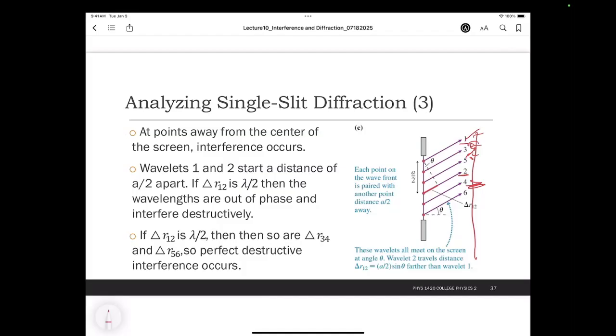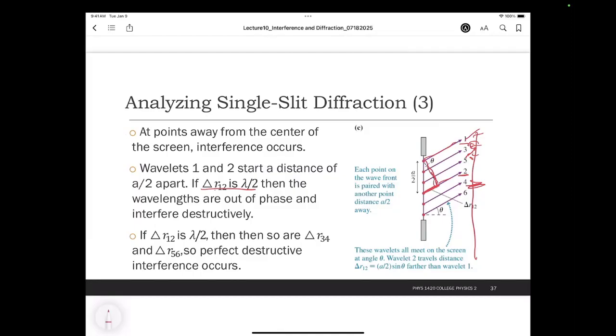If delta r12 is half lambda, you can see here this is r1 and this is r2, and the distance between r1 and r2 is half lambda, then the wavelets are out of phase and interfere destructively. Does it make sense to you?